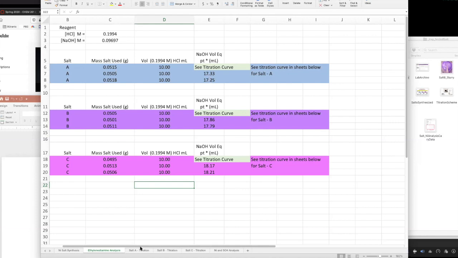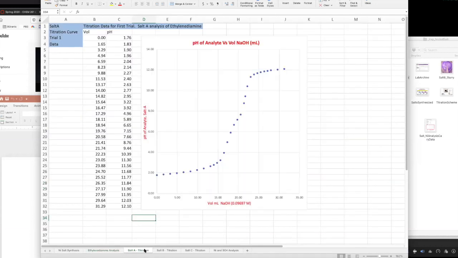Let's go to the titration A tab, and you want to go down here. This is the data for that titration. I carried this titration past the endpoint because I was recording it through Vernier. So you have different volumes, and it records a different pH.